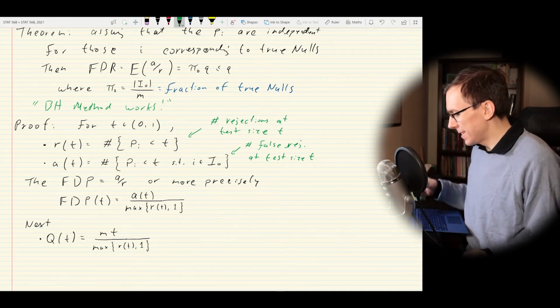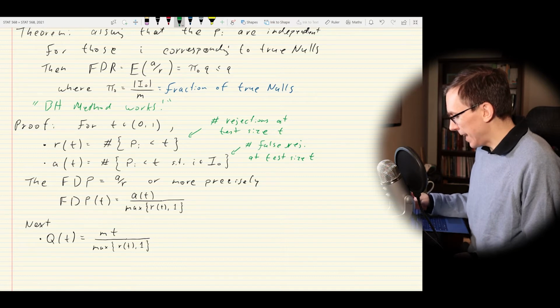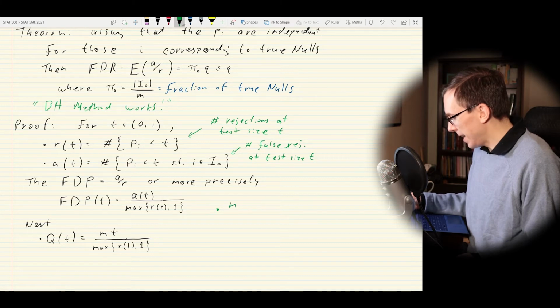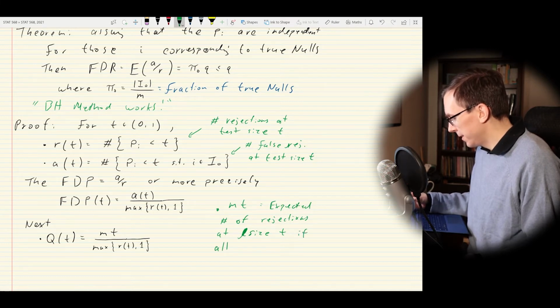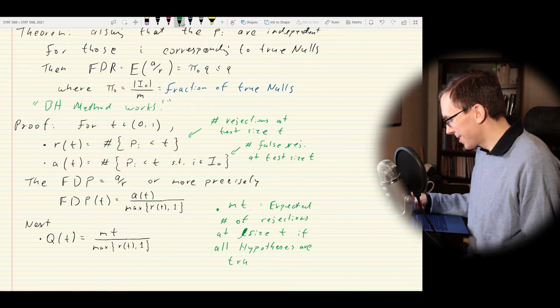So you could say that M times T, I'll put it off to the side here, is the expected number of rejections at level, or test size, I'll keep saying at size T, if all hypotheses are, we'll say, true nulls.